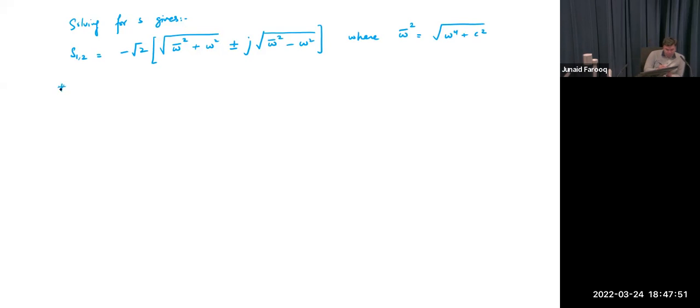Now we can look at what happens. One thing is clear: they are both in the left half plane, so at least the system is stable. Now when R goes to 0, what is the meaning?